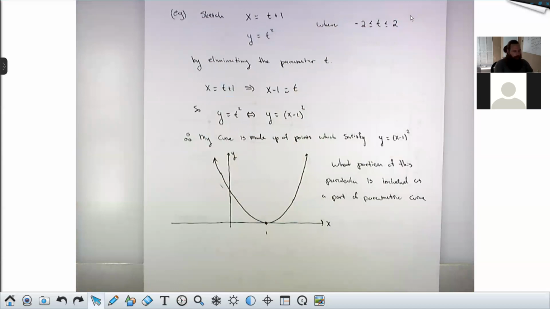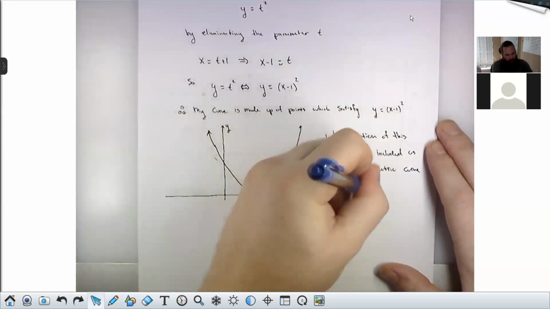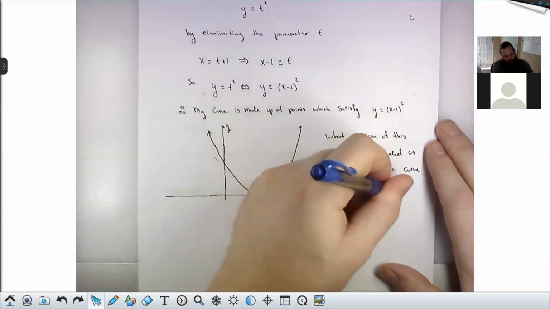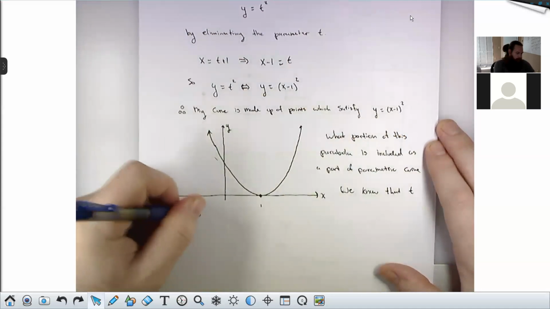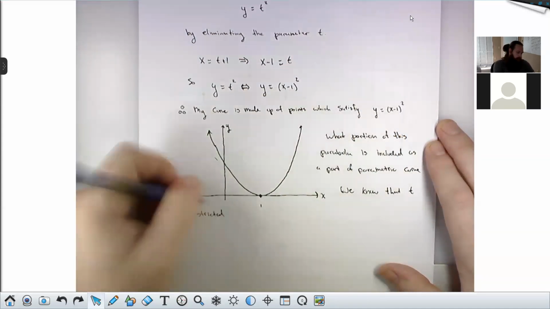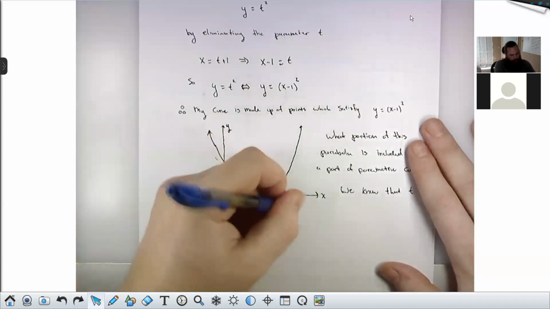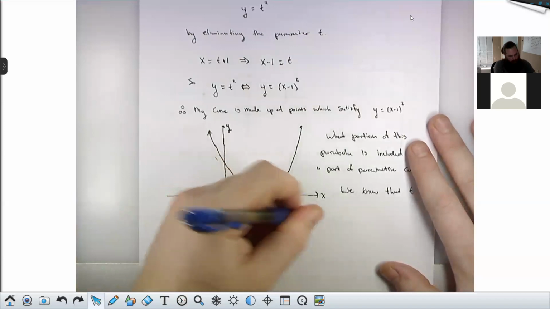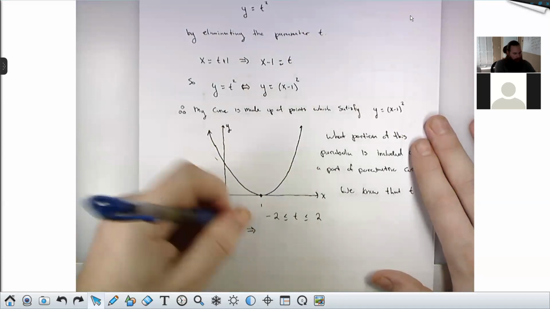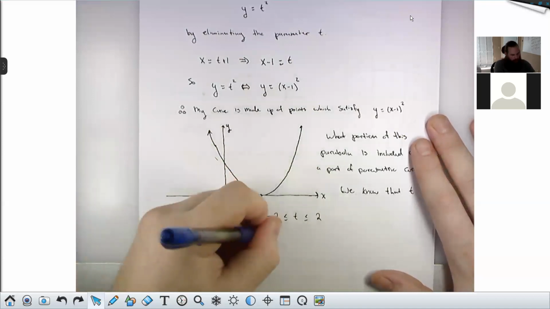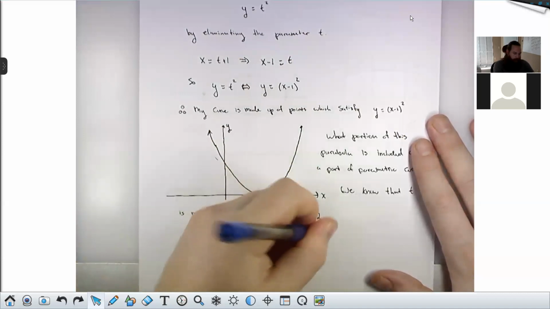So if I take my inequality for the parameter t, we know that t is restricted to the interval -2 is less than or equal to t is less than or equal to 2, which means if I add 1 everywhere, -1 is less than or equal to t plus 1 is less than or equal to 3.